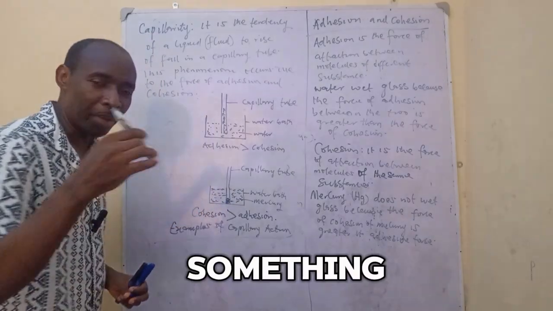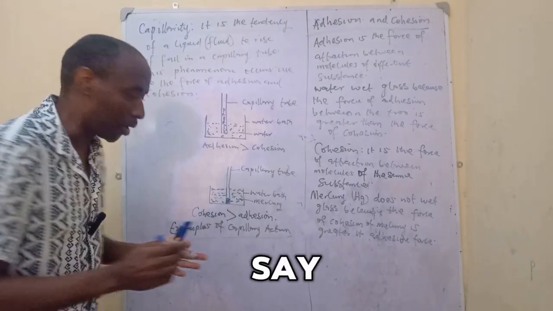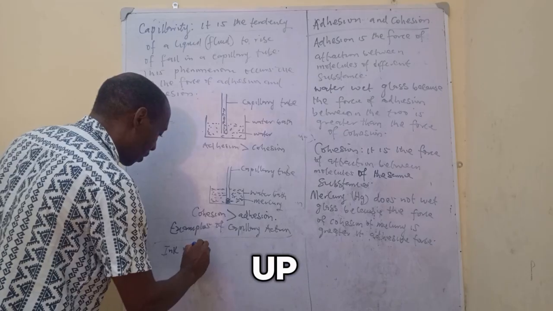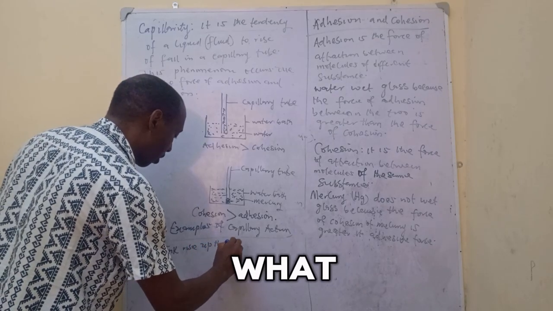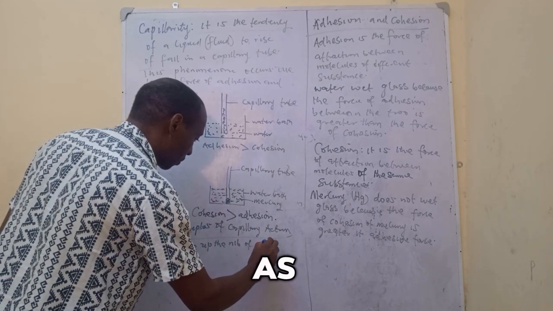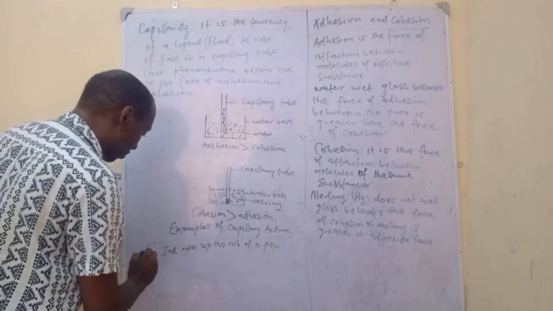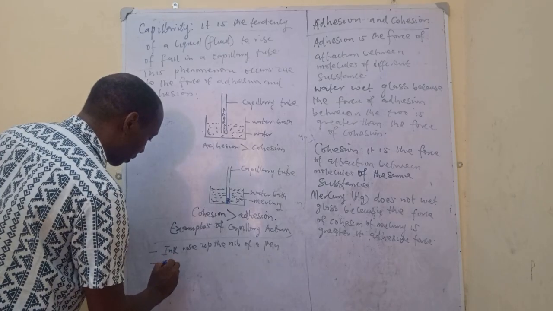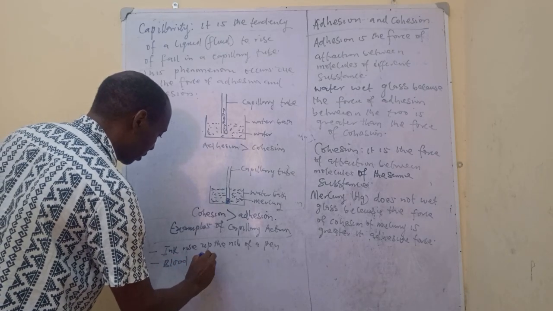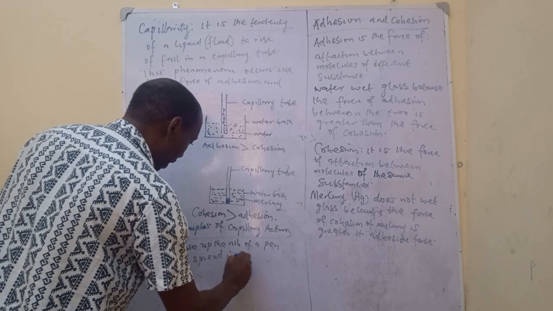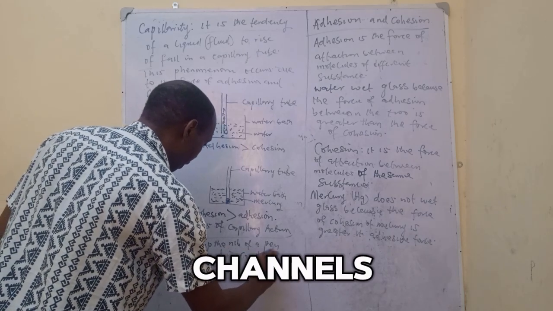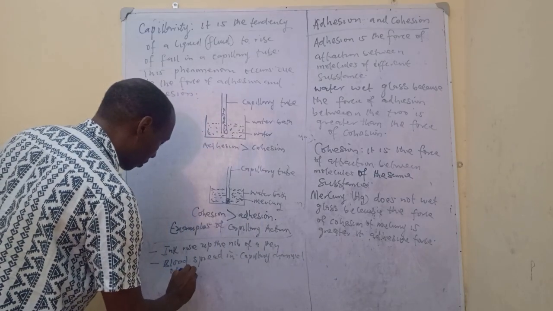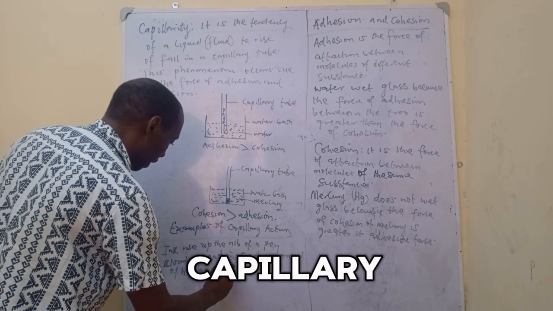Or a pen, when you have your biro, the ink rises up the nib of a pen as a result of capillary action. Then blood spreading in the capillary channels of the body is an example of capillary action.